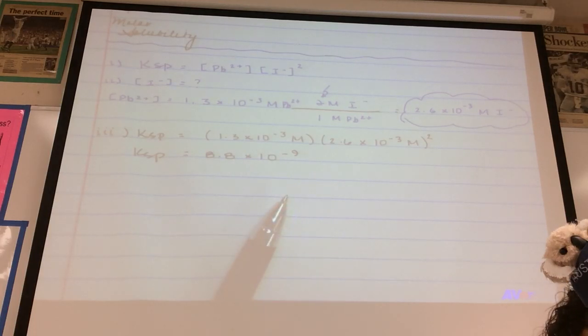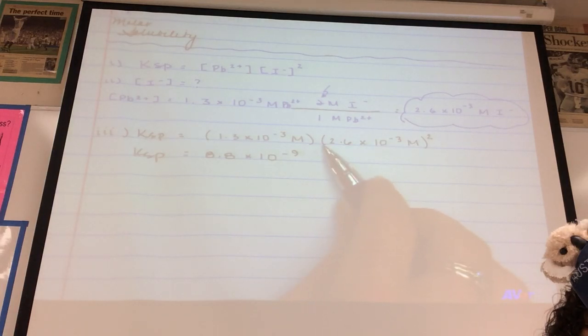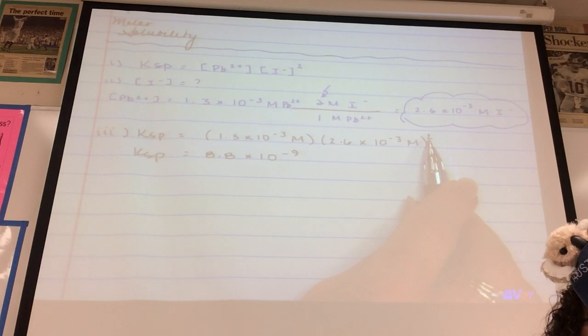One other thing I do want to mention, because some of you without a calculator get so worried. 2.6 squared. 2 squared is 4. 3 squared is 9. So it's got to be somewhere between there. All right?